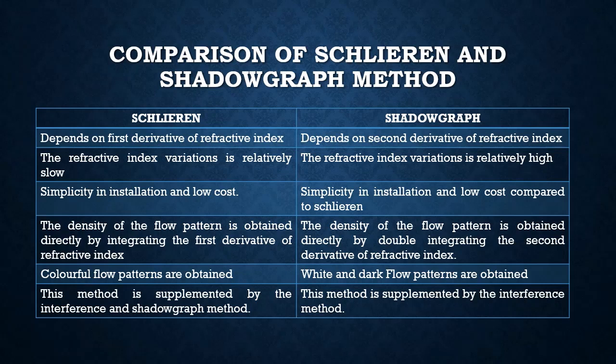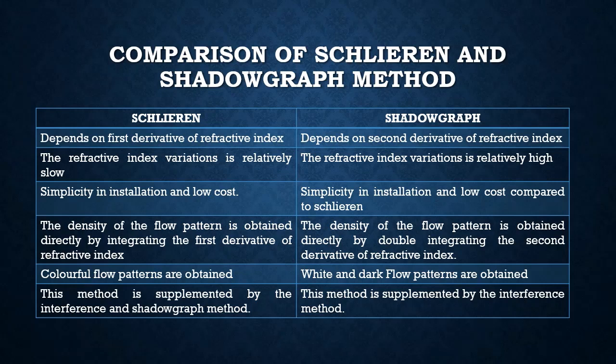Next, comparison. So what are the basic comparisons of the Schlieren and the shadowgraph method? The Schlieren method fully depends on the first derivative of refractive index, you know very well. And then for shadowgraph, since we have glass plates in between the supersonic flow, we are using the second derivative of refractive index, and the refractive index variation is relatively slow in Schlieren, whereas here the refractive index variation is relatively high.